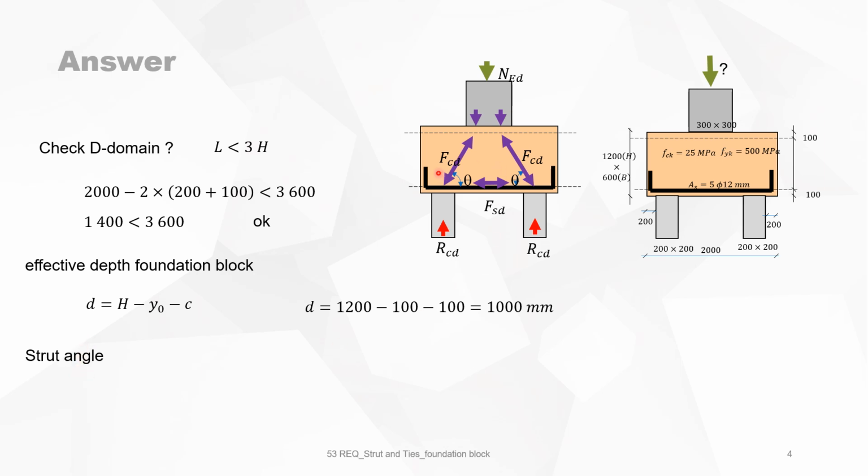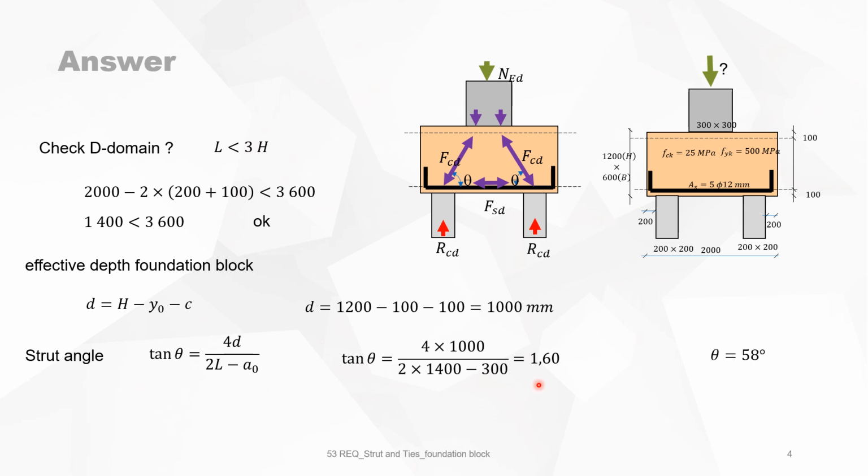The strut angle, theta, is then of course equal to 4D divided by 2L minus A0. Or you can put it more visual, it's D divided by L over 2 minus A0 over 4, just to stay in this triangle.